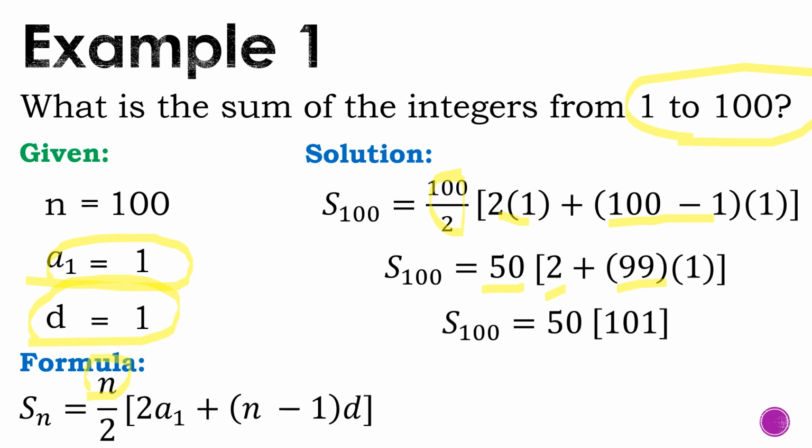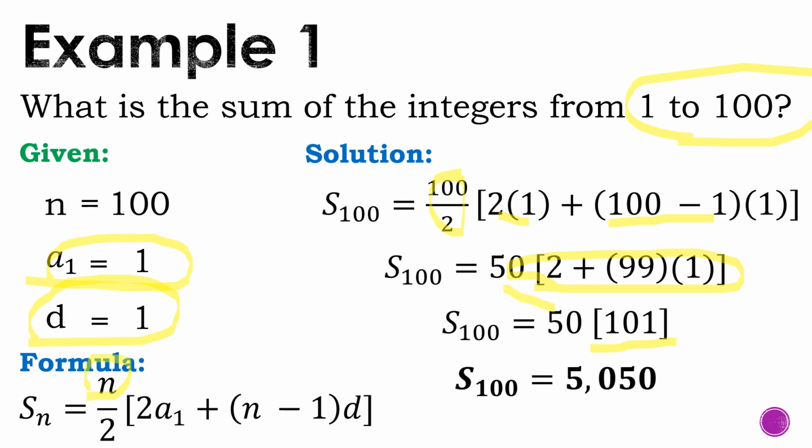Now, next. So, again, what are the terms inside the parentheses? So, that is 99 times 1 is still 99 plus 2. So, we get 101. Copy 50.